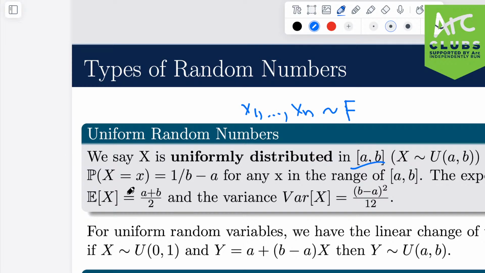Basically the density of x in a range of A and B is just 1 over B minus A. The expected value is A plus B over 2, and the variance is B minus A squared over 12.